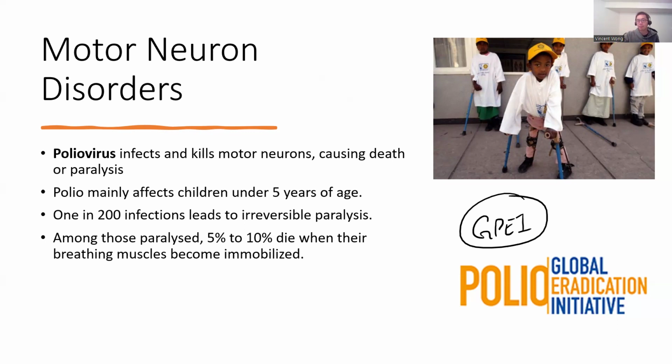Okay, so as of now, there are only a few countries left in the world that still have polio as a threat to them. And these include places like Nigeria and Afghanistan and Pakistan, right?